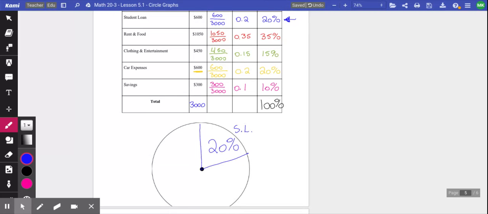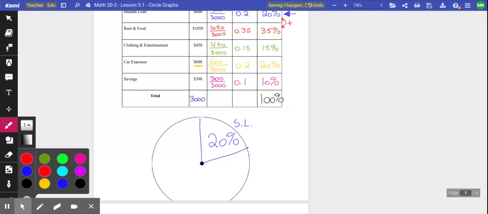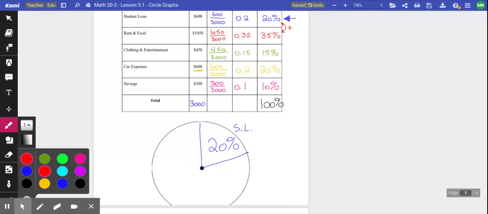My next one is my rent, which is 35%. I also know that if I were to add these two things up, 20% plus 35% is 55%. So on my pie chart, those two things should go just past half.